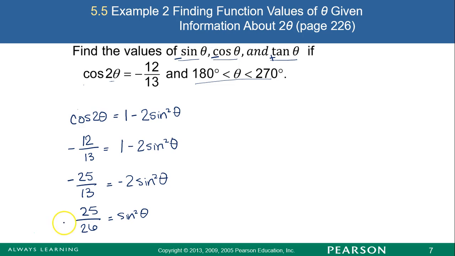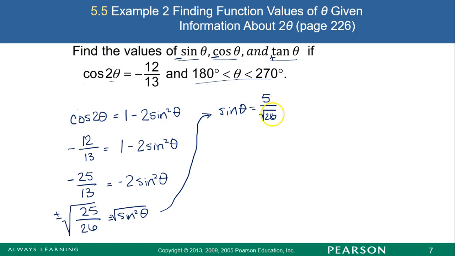Now take the square root of both sides. Remember, plus or minus here. And sine theta is equal to, now we're going to have to rationalize this thing. We get 5 over the square root of 26.